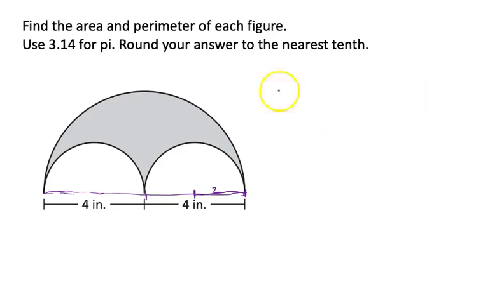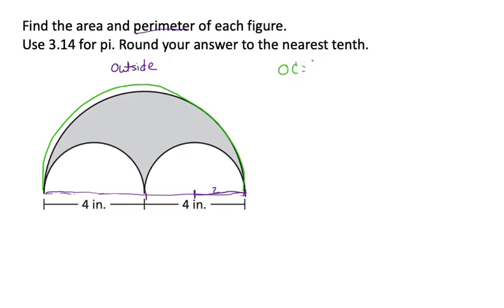All right, so perimeter again means outside. I want to go all the way around the outside of our figure. Let me get a different color. I'm going to figure out the outside of the top, the umbrella. Now remember, when I'm talking about perimeter and it's a circle, I'm looking for circumference. So I'm going to find the whole circumference of the entire circle, because then I just want half of it.